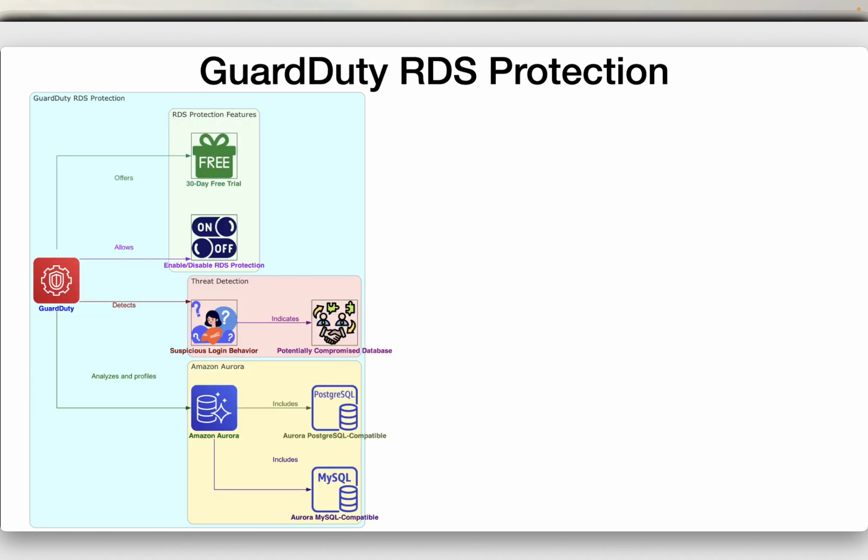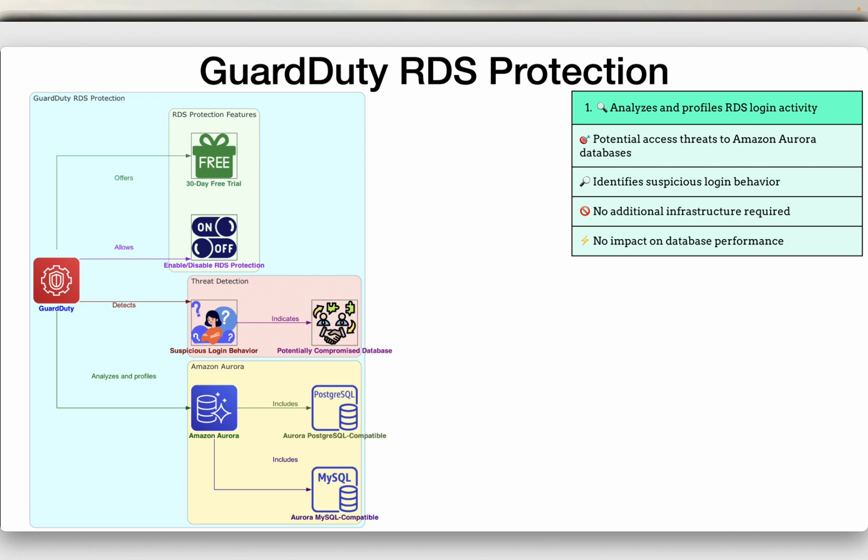Okay, next feature is GuardDuty RDS protection. RDS protection in Amazon GuardDuty analyzes and profiles RDS login activity for potential access threats to your Amazon Aurora databases: Amazon Aurora MySQL compatible edition and Amazon Aurora Postgres compatible edition.